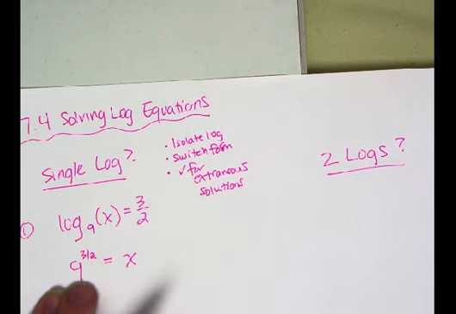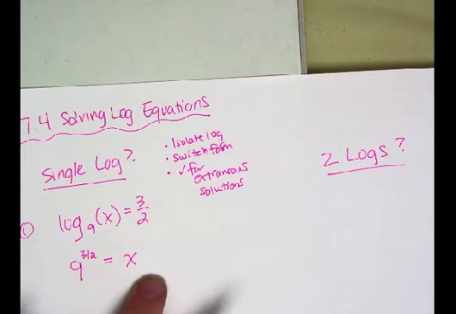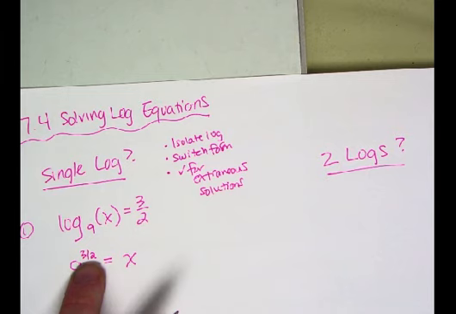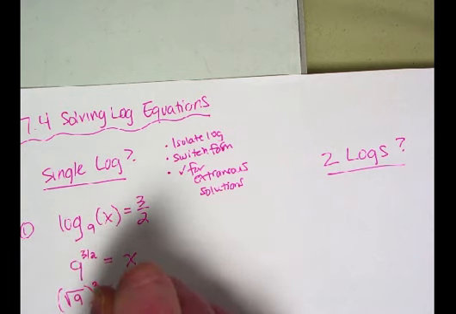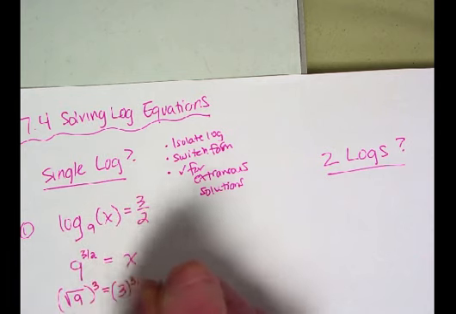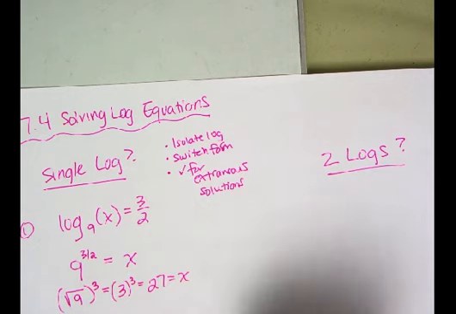All we have to do is find what 9 to the 3/2 is, and we'll get our answer for x. So 3/2 means the power of 3, and dividing by 2 means the square root. So the square root of 9, and then cubed: 3 cubed is 27. So we get an answer of 27.